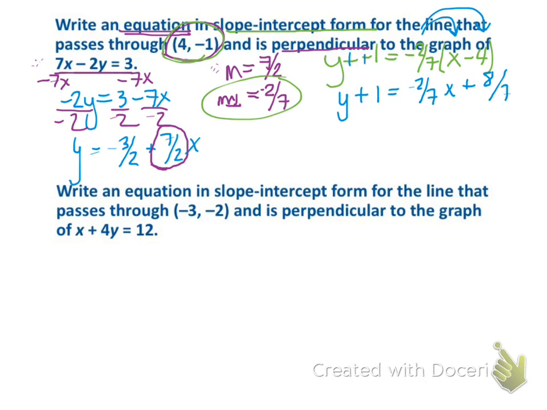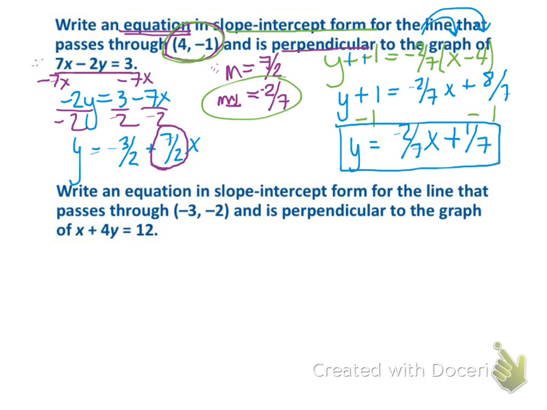All right, and then I just need to get the y alone, subtract 1 from each side. So y equals negative 2/7 x plus 1/7. Pretty ugly, but not much different than yesterday. Just an extra step, we had to find the slope first.